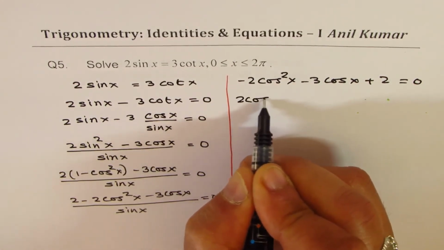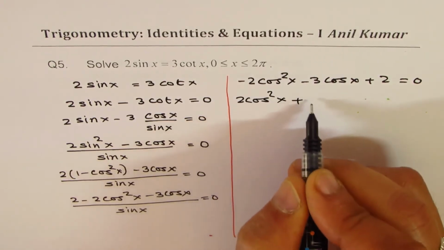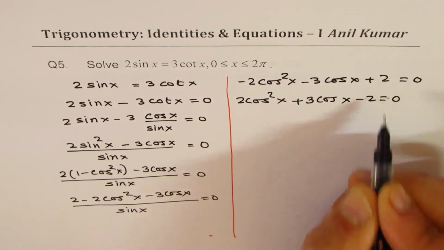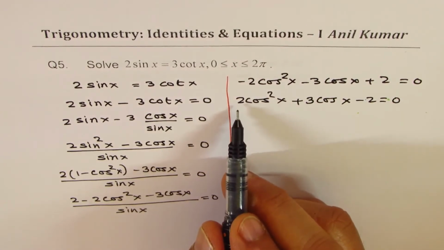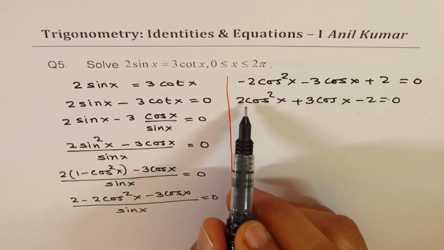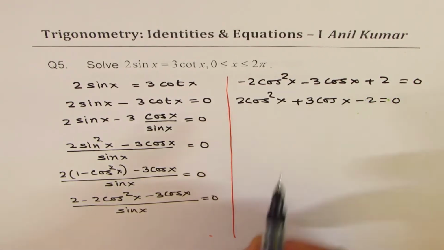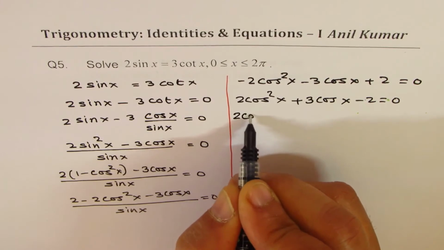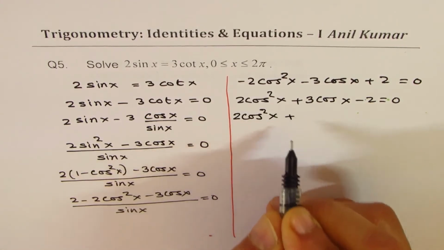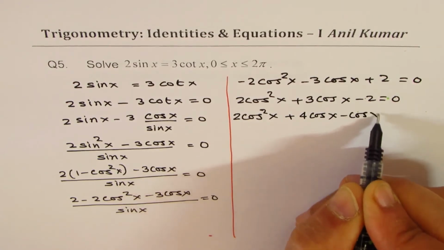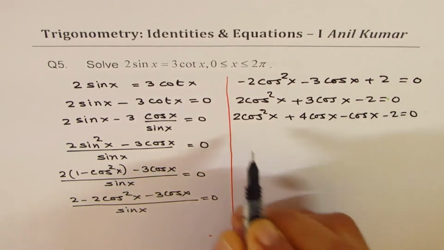We get 2 cos square x plus 3 cos x minus 2. The idea is to work with positive leading coefficient, right? Now we can factor: 2 times 2 is 4, minus 4, we need plus 3. So we could factor this as 2 cos square x plus 4 cos x minus cos x minus 2 equals 0.